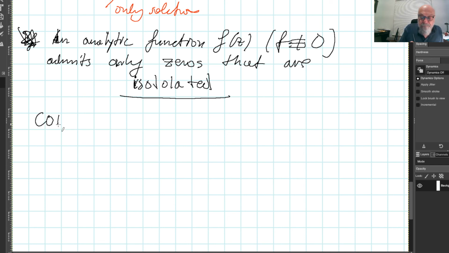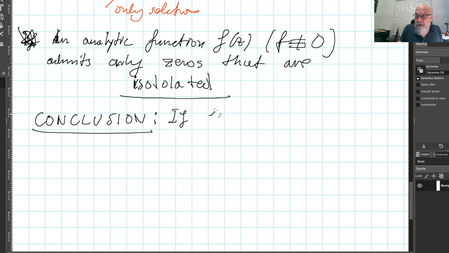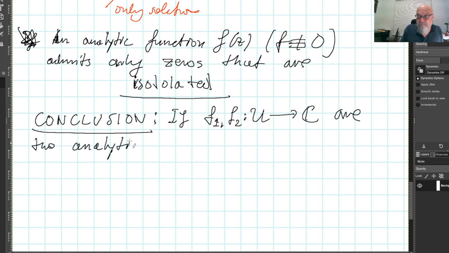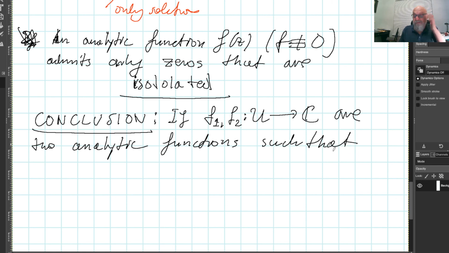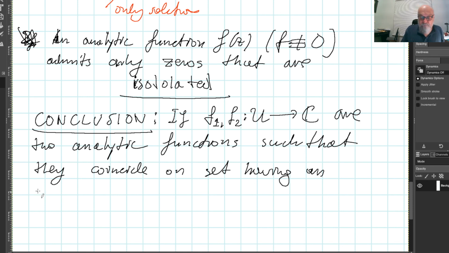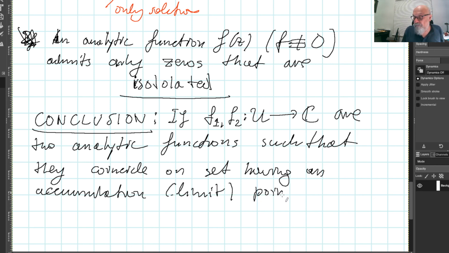Okay, so put it like this: conclusion. If f1 and f2 from U to C are two analytic functions such that they coincide on a set having an accumulation or limit point in U, then they are identically the same.